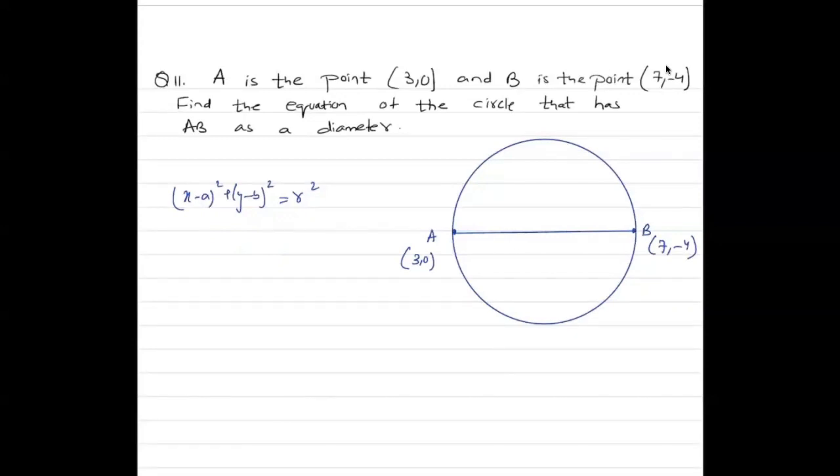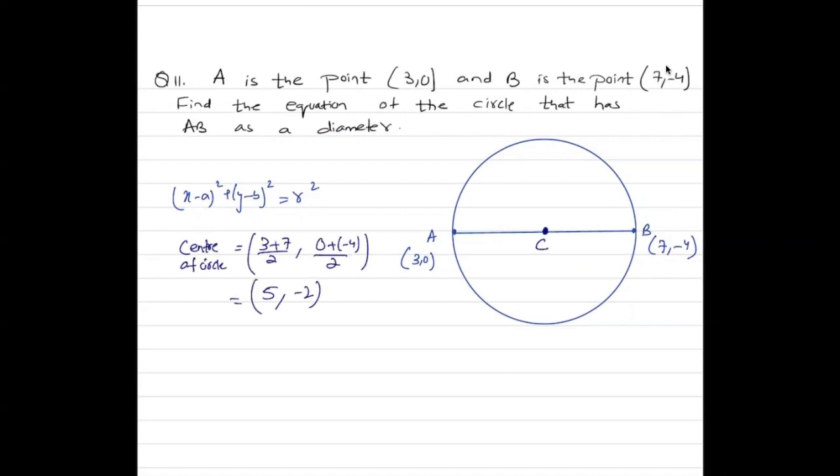Yes, because AB is a diameter, the center of the circle is going to be the midpoint of AB. So the center coordinates are going to be (x1 plus x2) upon 2, (y1 plus y2) upon 2. So that is going to be 10 upon 2, 5 and negative 2. Okay. Yes, sir, understood.